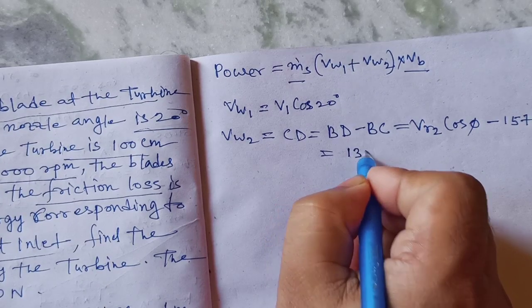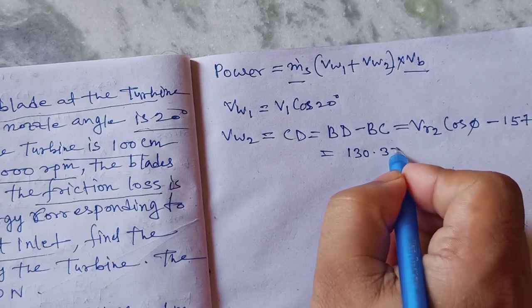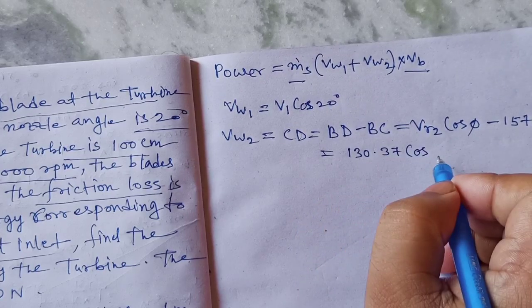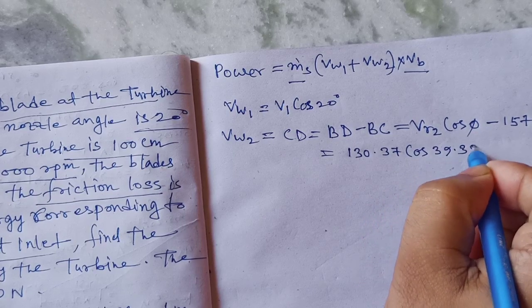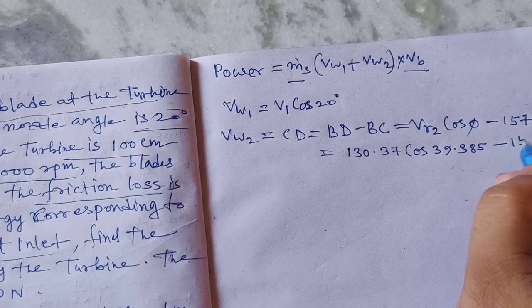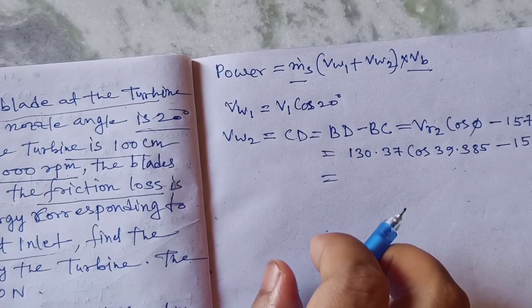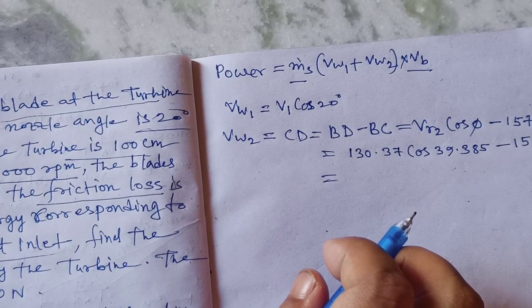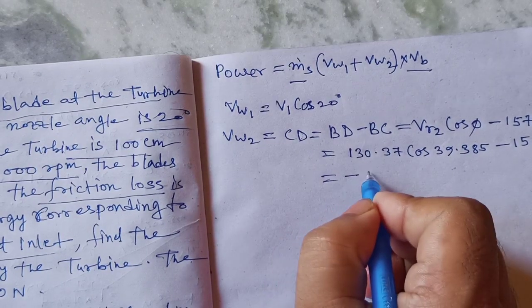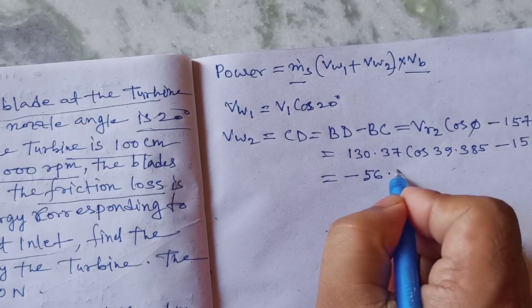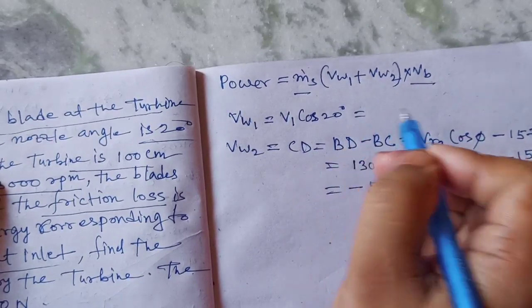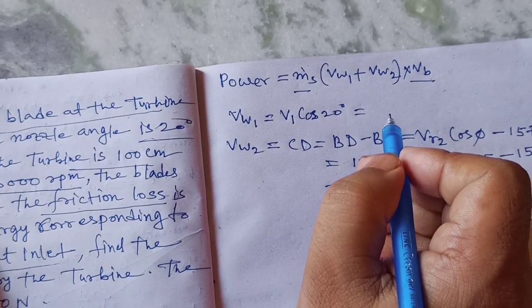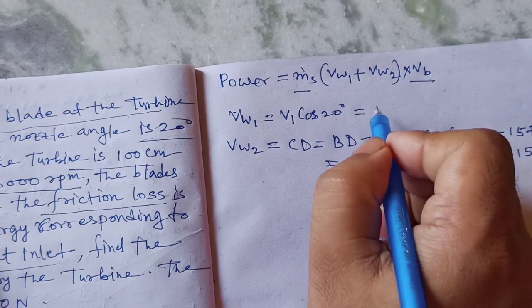Vr2 is 130.37, cos phi is cos 39.385, minus 157. By this calculation we find this value is minus 56.237, and Vw1 will come 281.907.